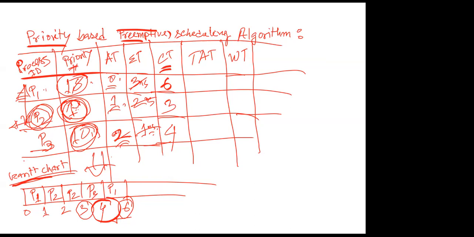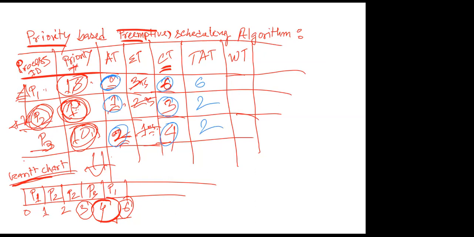Next, you can compute the turnaround time. Turnaround time is nothing but CT minus AT, completion time minus arrival time. Here it is 6 minus 0, which is 6. 3 minus 1 is 2. 4 minus 2 is 2. This is the turnaround time for each process.